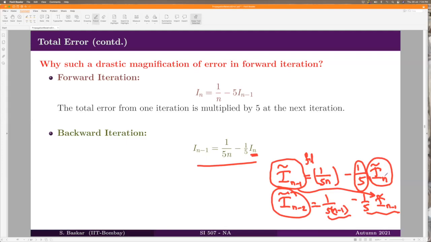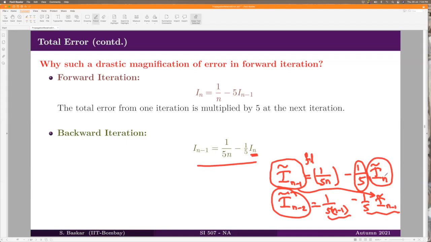So in this way, the error is propagating, but at every iteration, the error that you are carrying over is 1/5 of the previous iteration. So you are adding 1/5 of the previous error, whereas in the forward iteration, you are adding 5 times. You are amplifying very rapidly, whereas here you are amplifying it very slowly.